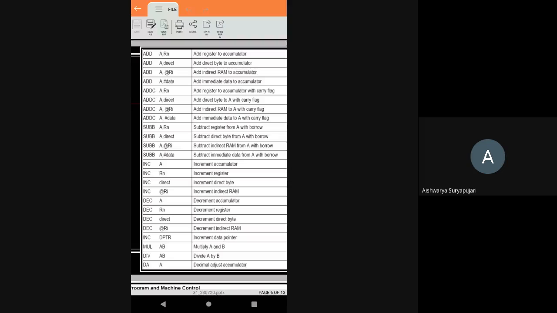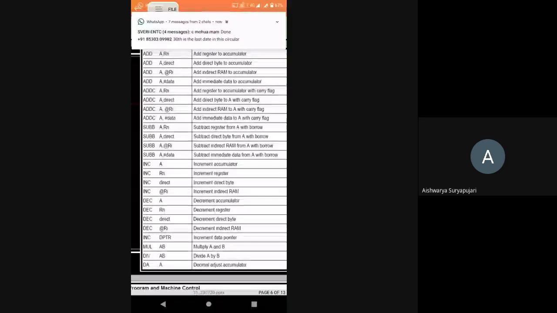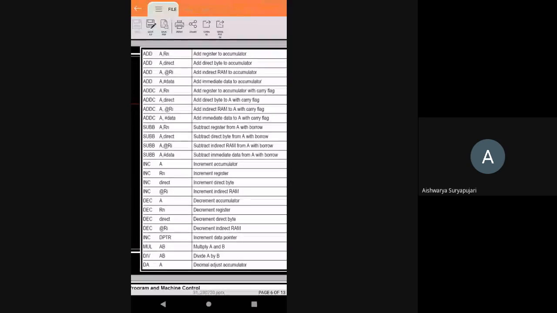INC Rn. So n stands from 0 to 7. तर काय याचं मिनिंग होईल? INC R1 अशी जर कमांड दिली तर काय होईल?